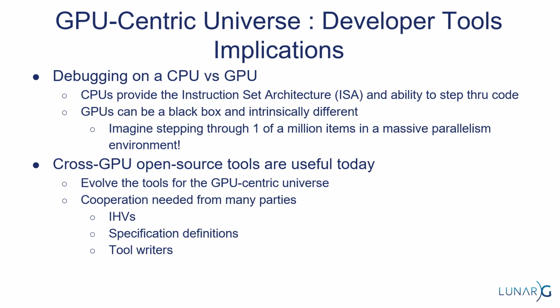We see more APIs coming into Vulkan that are becoming more and more GPU-centric. And this is going to require cooperation with the IHVs, the spec writers, and the tool developers to get appropriate hooks into the APIs that will enable debugging tools.